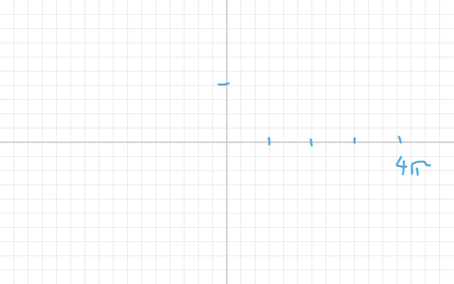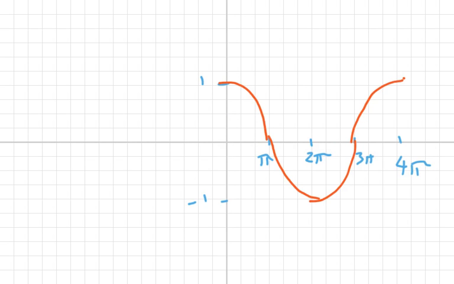You know what cosine does. It goes from 1 to -1, starts and goes down and goes up. If you divide it into 4 parts, you would see what cosine does.